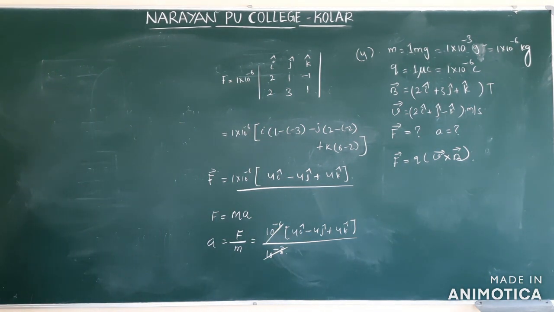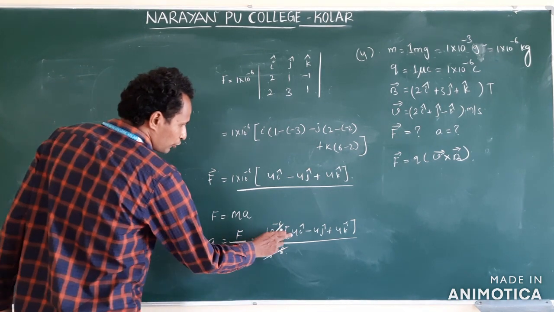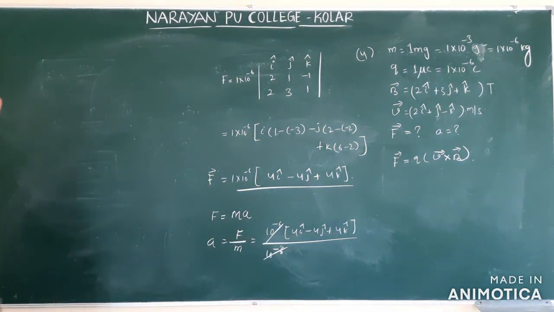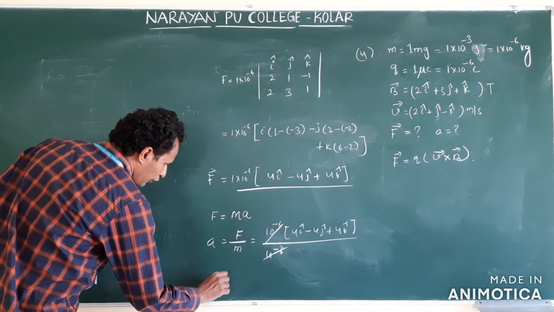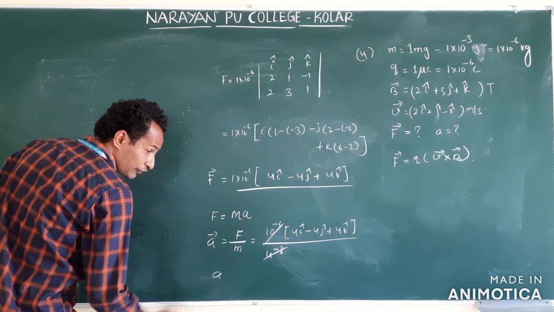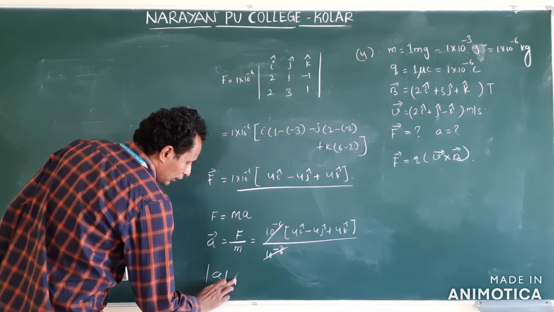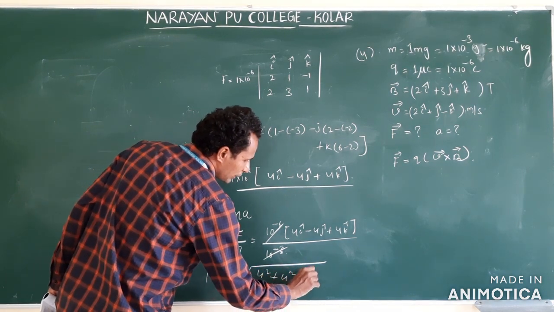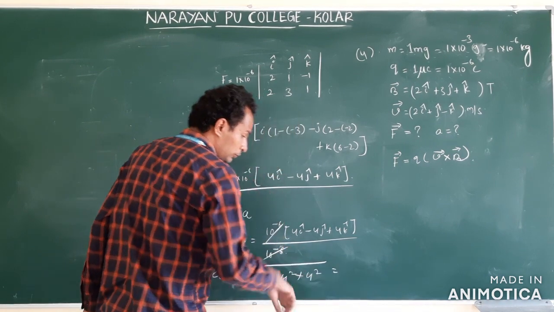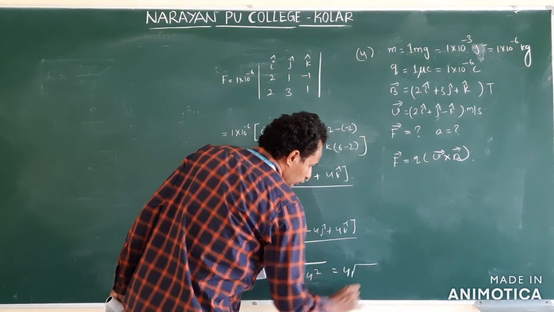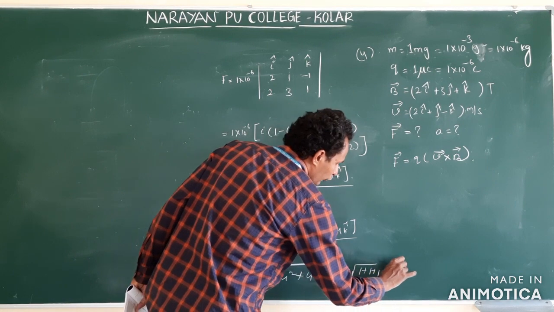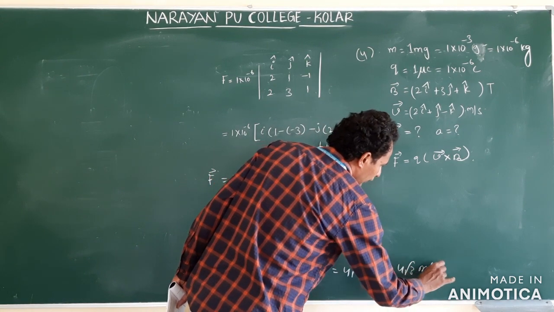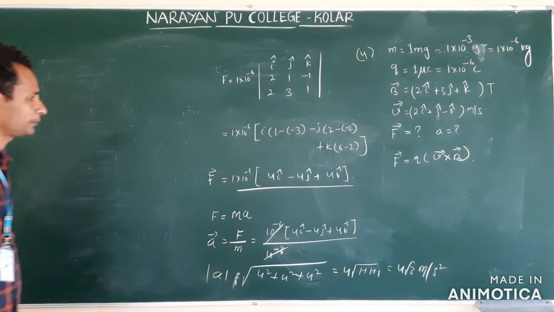Then how do you find the magnitude? Under root of 4 square plus 4 square plus 4 square. 4 square common comes out, and we have 1 plus 1 plus 1, so 4 root 3 meter per second square.